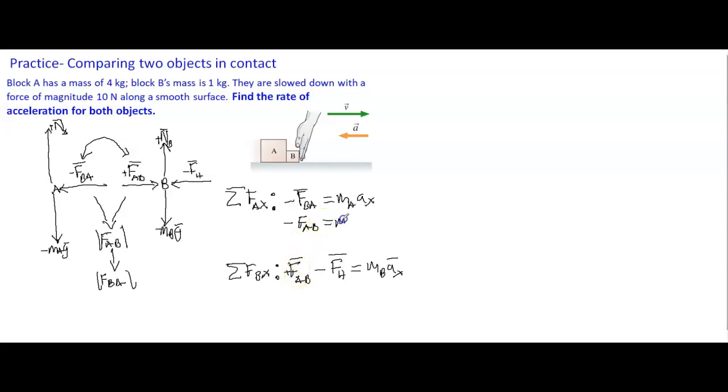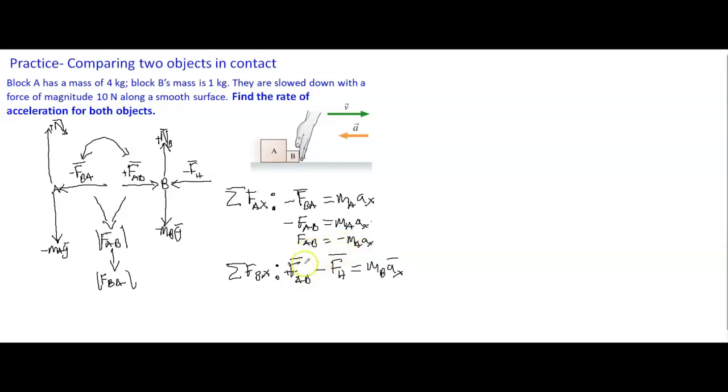And that's equal to mass times acceleration on block A. And I'm going to bring this negative onto the other side. So force AB is equal to negative mass times acceleration of block A.